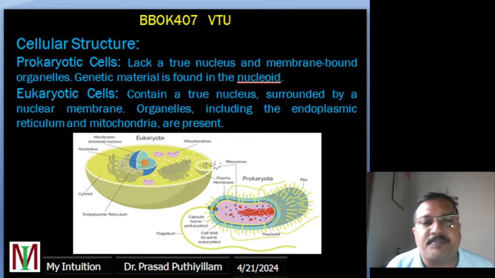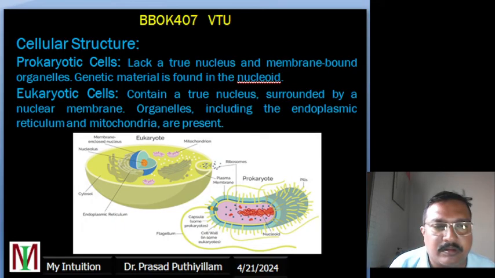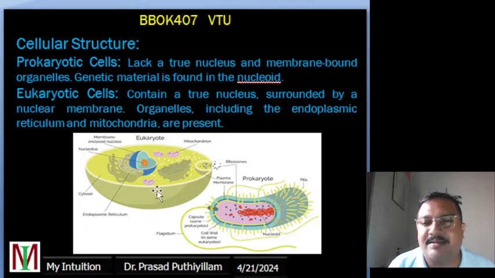So the first point, cellular structure. Prokaryotic cells lack a true nucleus and membrane-bound organelles. Okay, so this is the prokaryotic one, the one with the tail. It's very small in size actually. They are just like a simple room which contains the genetic material, that is the DNA.